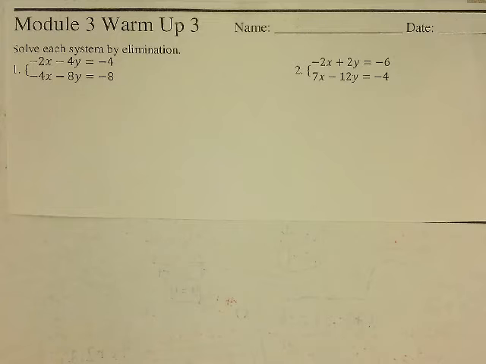So I get negative 12x plus 12y equals negative 36. So then I'm going to ignore this. So then I have negative 5x, and then that's canceled out, and then that is negative 40. So I've got negative 5x equals negative 40. Divide, I get x is 8.